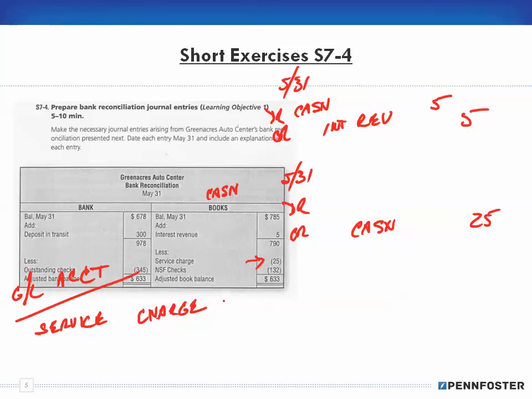Yes, it is possible, but it's not likely. Only a small percentage of the time would you see a service charge account. You're more likely to see an account called bank charge or bank fees if you're looking at your chart of accounts.